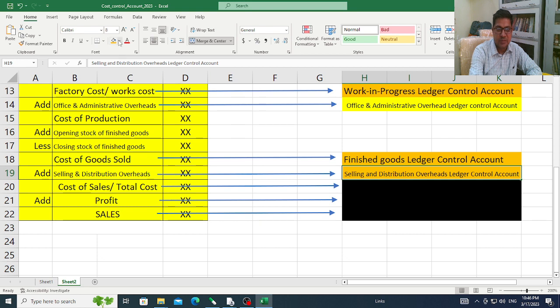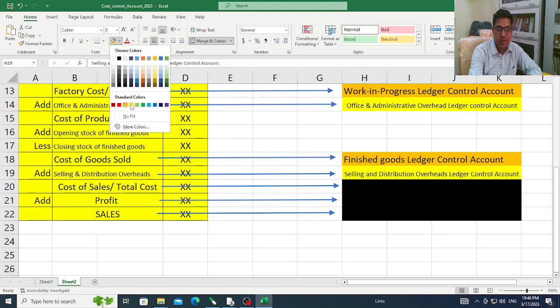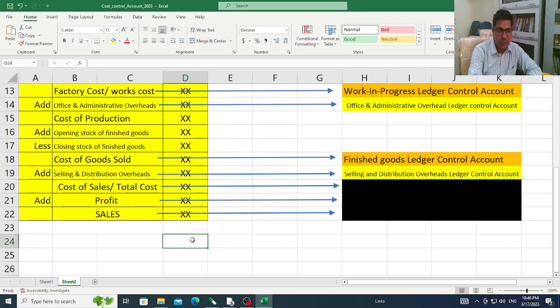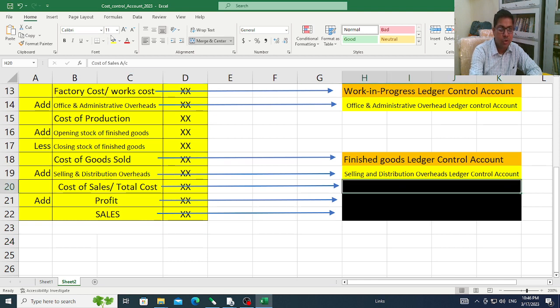These are certain changes that we should accept. Cost of sale, or total cost, we can say is a cost of sale account.